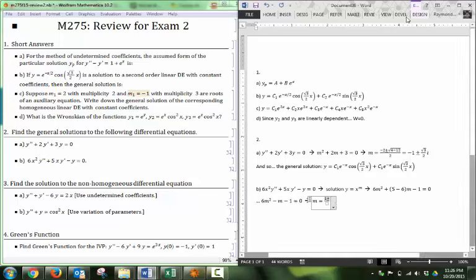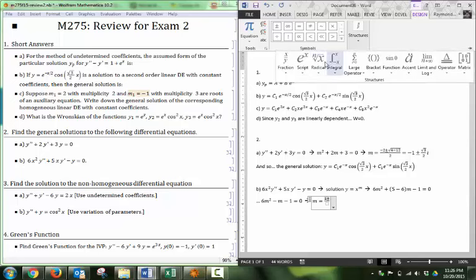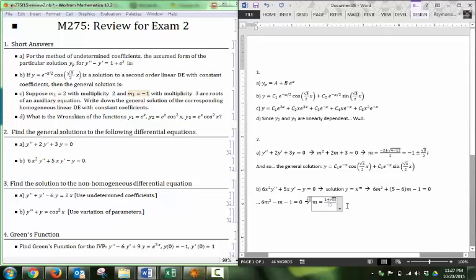Plus and minus, and then we have the square root of b squared, so that's going to be 1 minus 4a, a is 6, and c is negative 1, so that becomes a positive. So 4 times 6 is 24, and then times negative 1 is positive 24. So that gives us a square root of 25, which is 5.